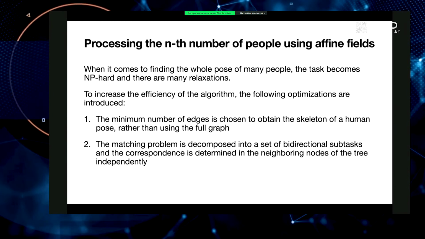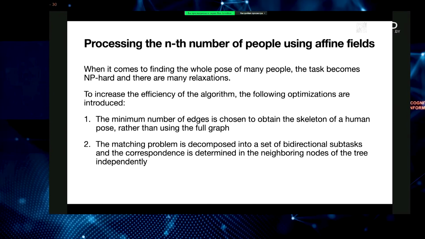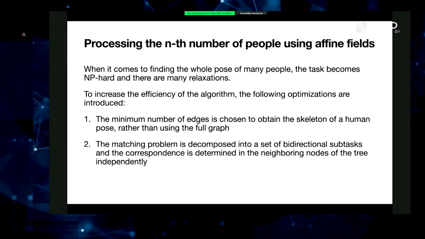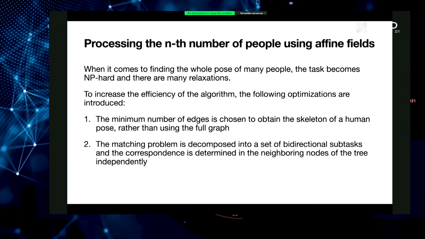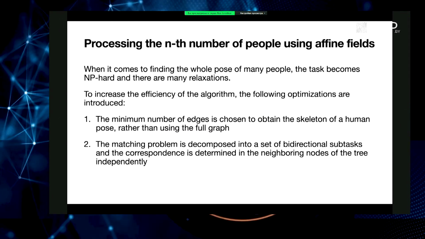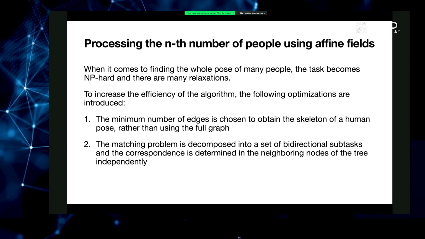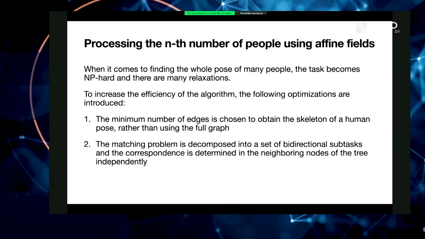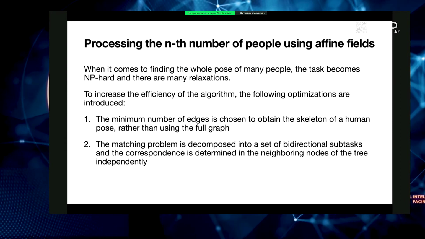Pretty difficult language, but basically this optimization means that knowing the direction of each body part and each joint, we are able to solve the issue faster, because without direction it is a very, very slow solution.